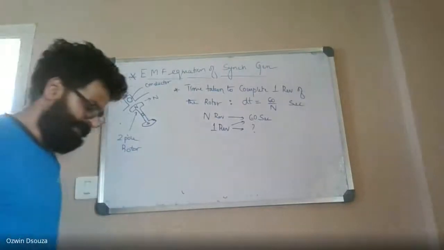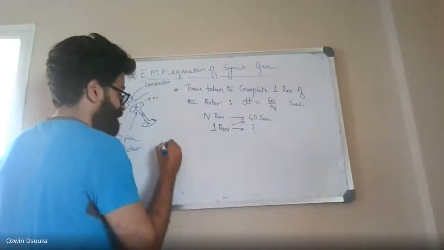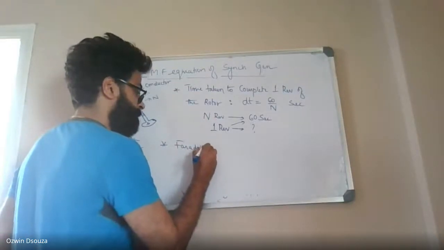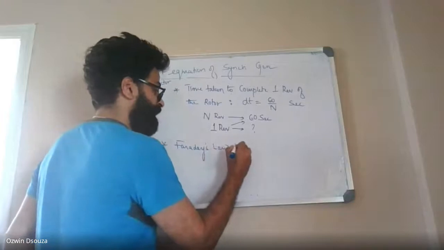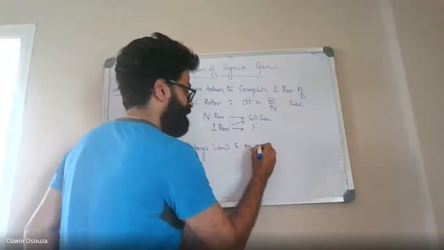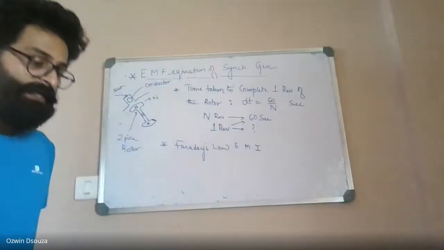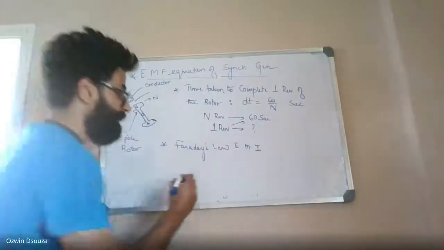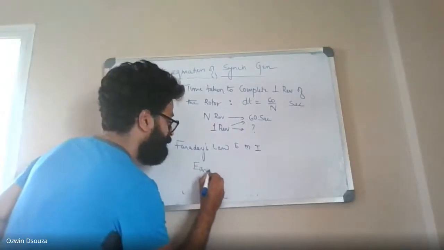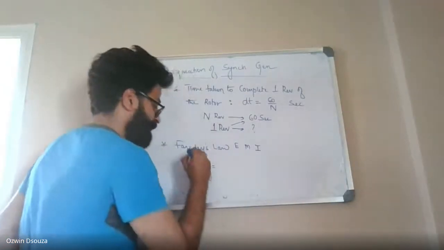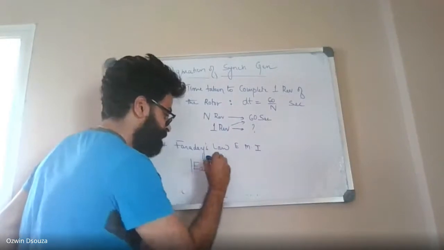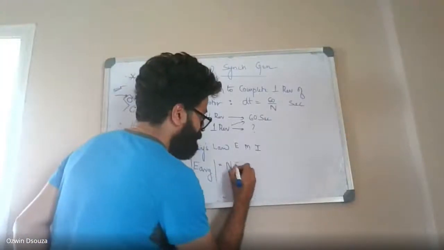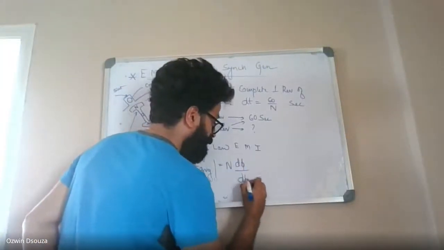60 by n seconds. Then, as per Faraday's law of electromagnetic induction, EMI stands for electromagnetic induction. The average value of induced EMF, say E average, let me consider the modulus: mod E average is equal to n into d phi by dt.